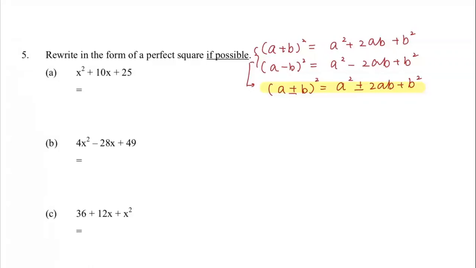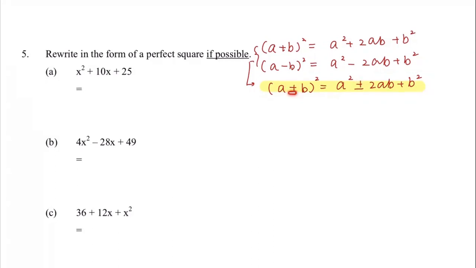In a lot of textbooks, these two formulas are sometimes combined into this one formula: (a plus or minus b) squared is equal to a squared plus or minus 2ab plus b squared. This sign means if it's a plus b, then it's a squared plus 2ab plus b squared.